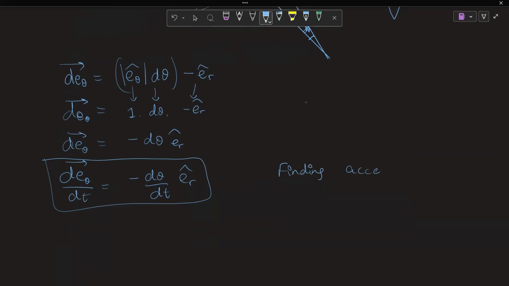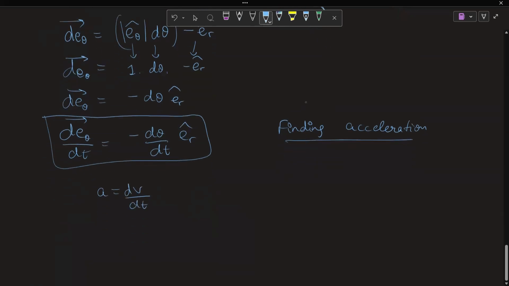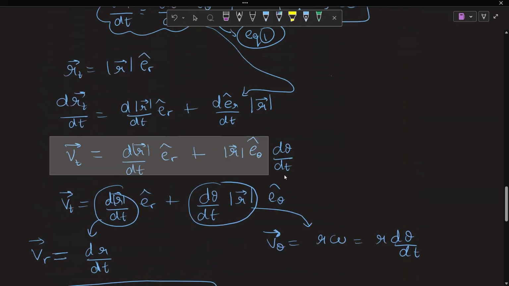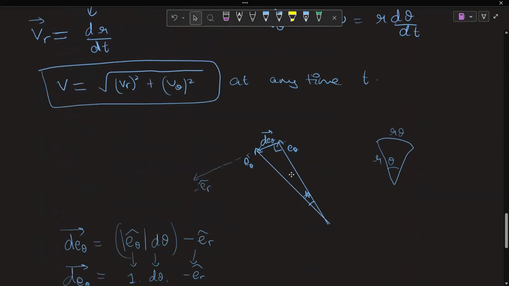Finding acceleration. How do we find acceleration? Simple, we differentiate velocity with respect to time. We know the equation of velocity at any time t right now is this.